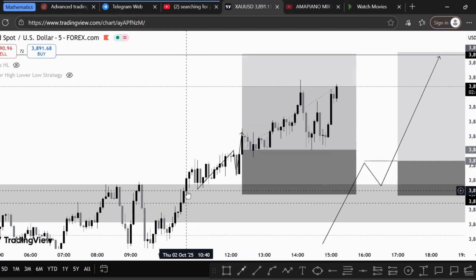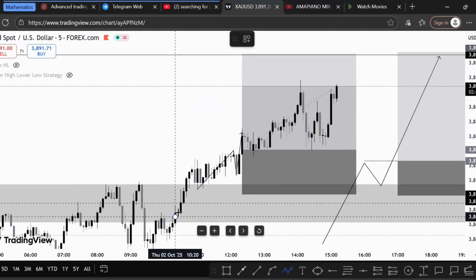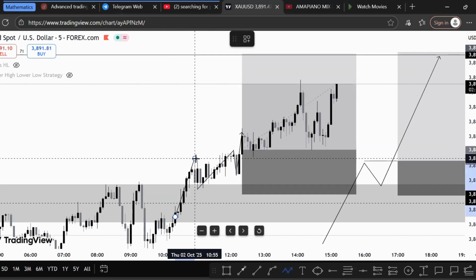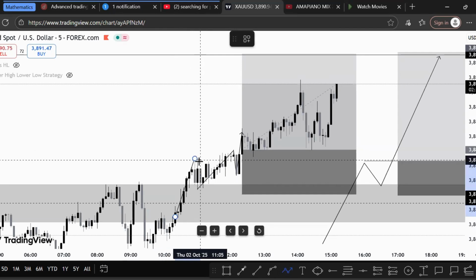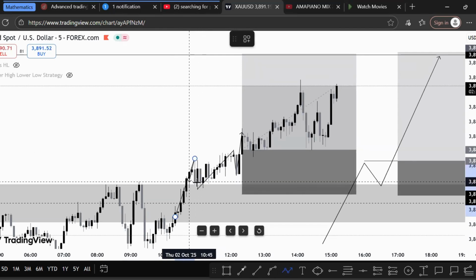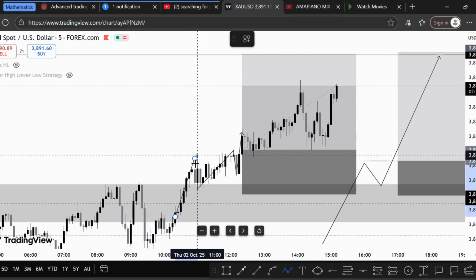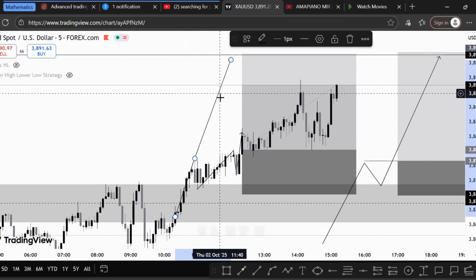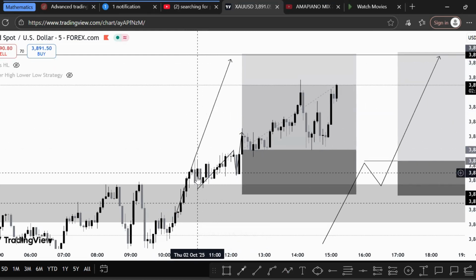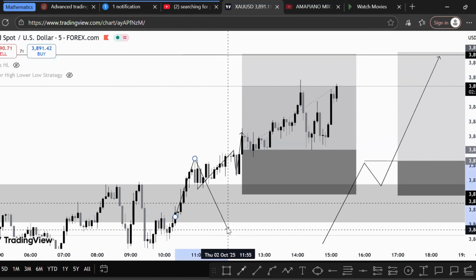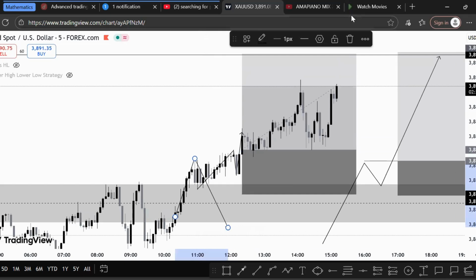Most of the time I will get caught, because if price breaks above here and I enter already, thinking, okay, price is above, let me just take a buy, chances are once price goes down, it takes me out immediately.